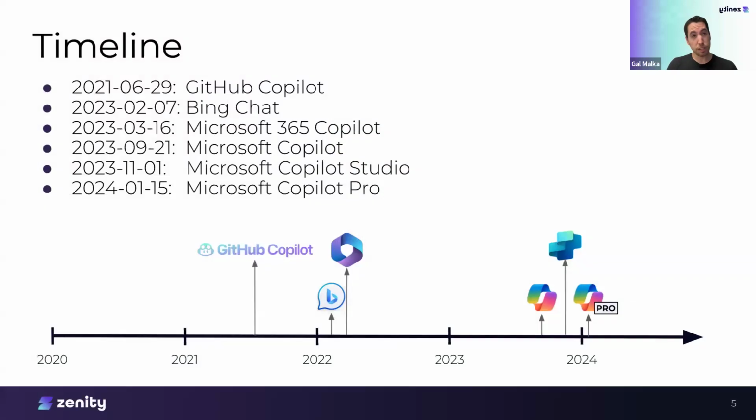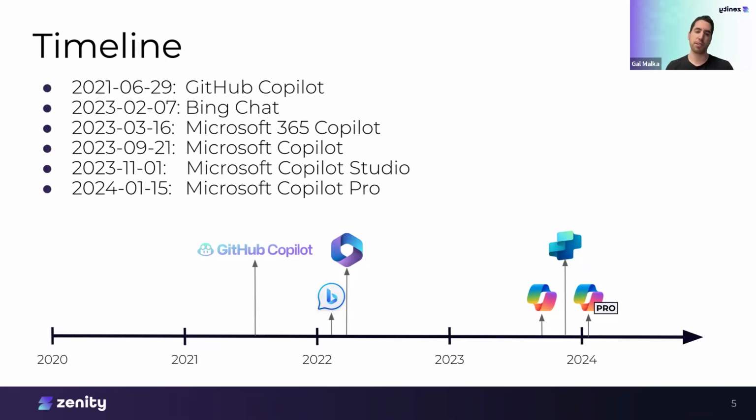Let's start by talking a bit about the timeline. As I mentioned, GitHub Copilot came up about 3 years ago. Over the last few years, Microsoft released a set of products in parallel to ChatGPT, which was released by OpenAI. Microsoft released Bing Chat, and then, specifically for enterprise, Microsoft 365 Copilot came last year.